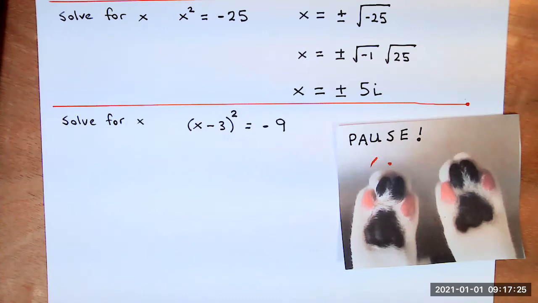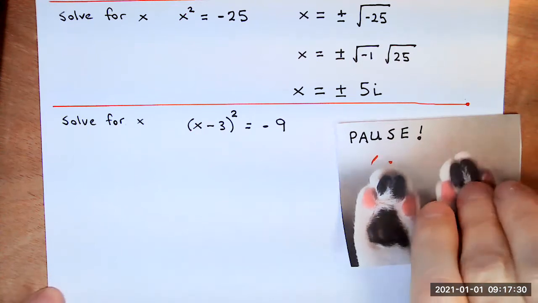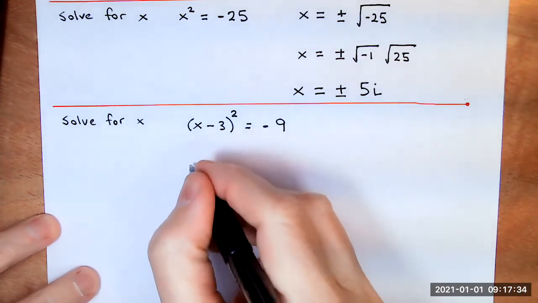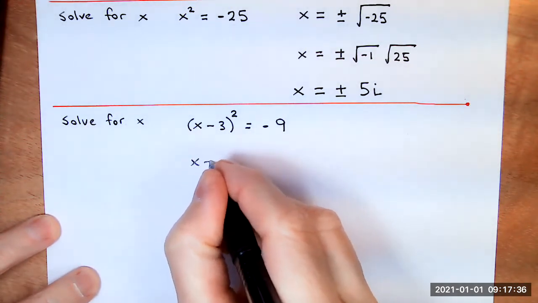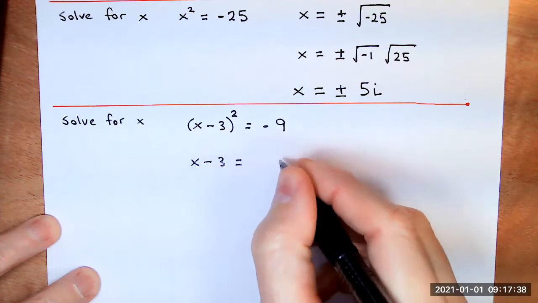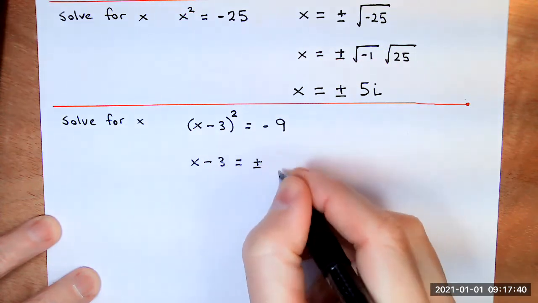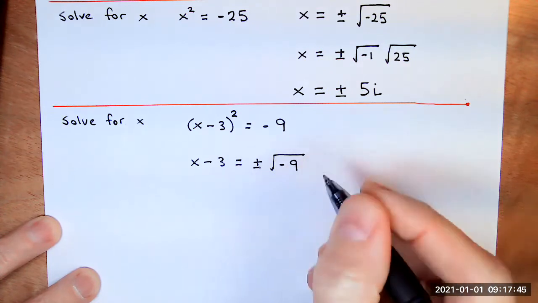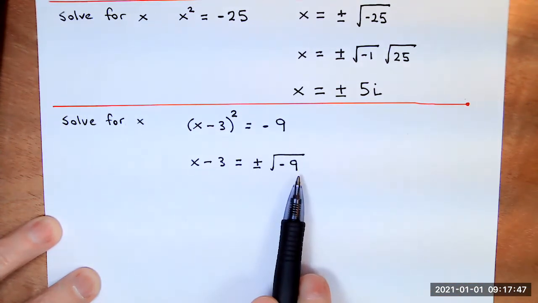All right, and I bet you could solve this one on your own, so you can hit the pause button and try that. All right, so take the square root of both sides. Remember, you get two answers, a plus and a minus. 9 is a perfect square.